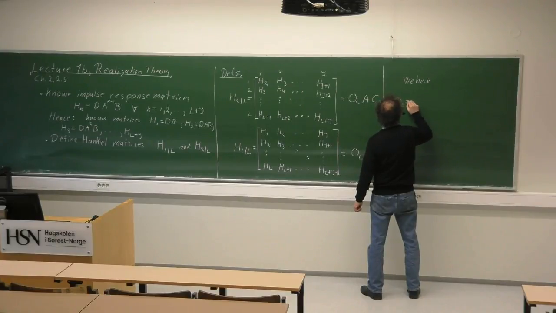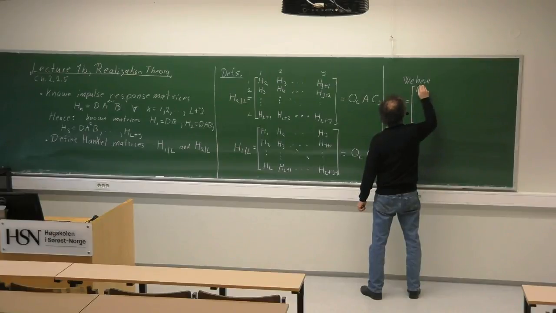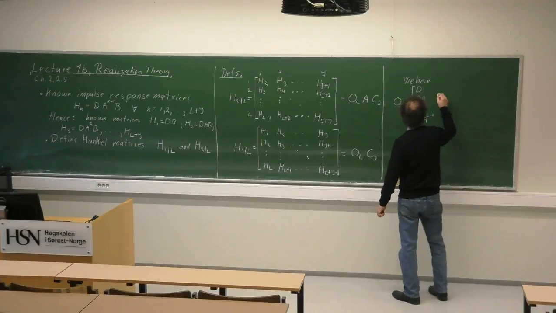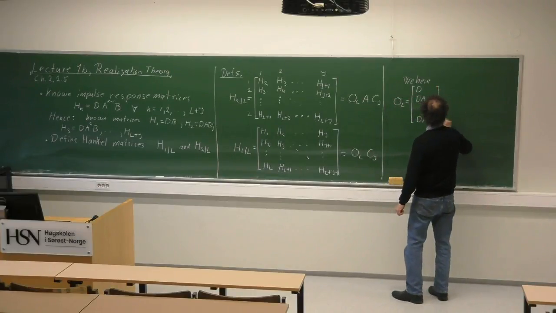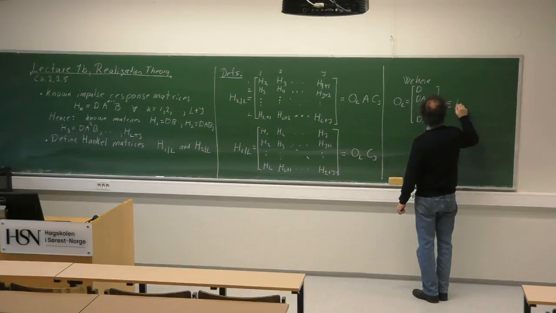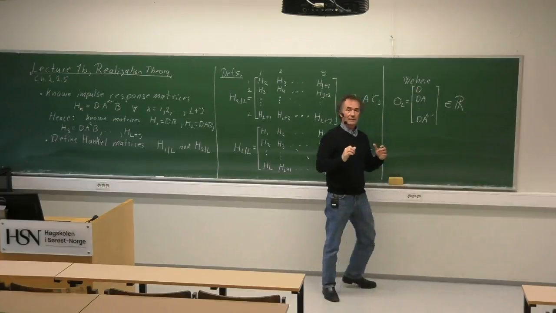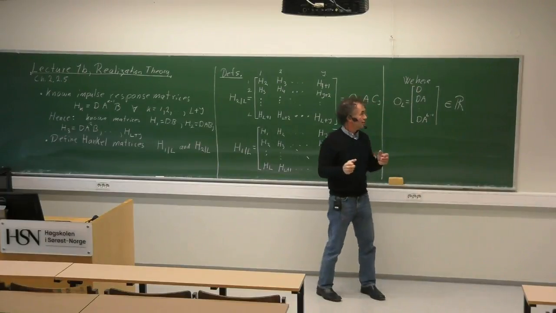Where O_L is the observability matrix, using D as the first matrix, D times A, dot dot dot, down to D A in power of L minus 1. This is a matrix of dimension... Remember, D is an M by N matrix.